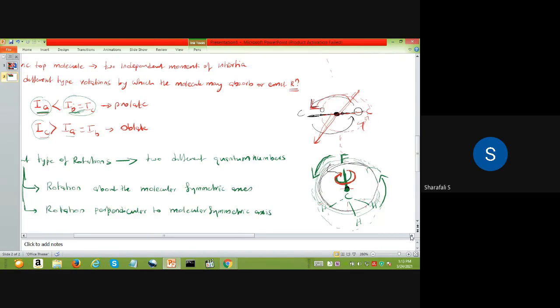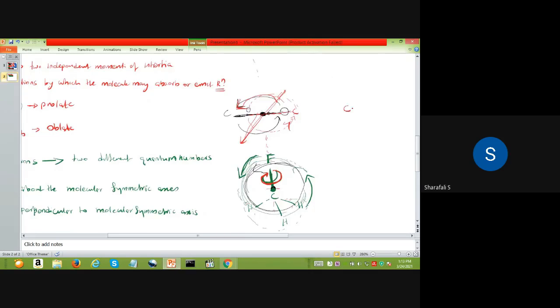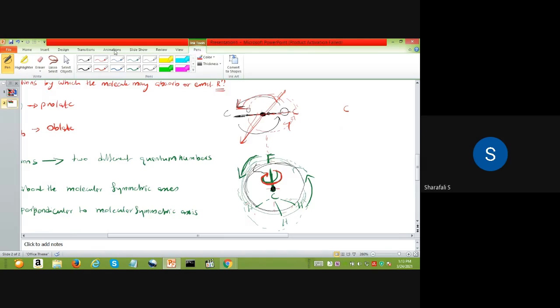Considering the same molecule, carbon monoxide, another possibility is that you have one axis perpendicular like this, so it is in that plane. So the rotation can happen like this. But these two rotations are the same, and the moment of inertia corresponding to these two are the same.